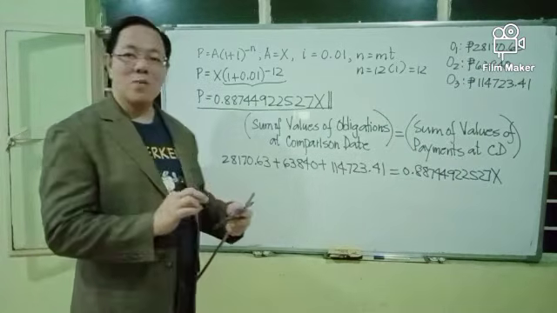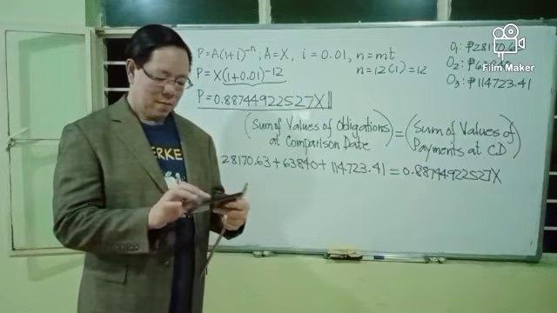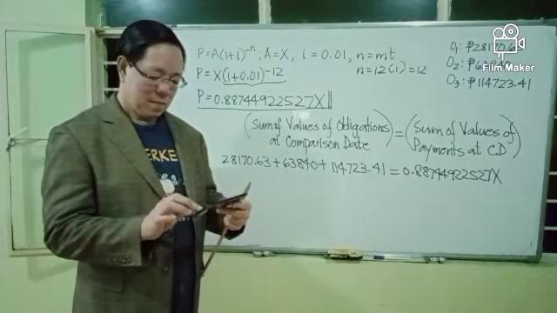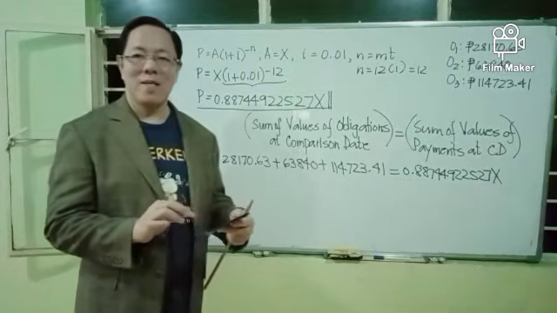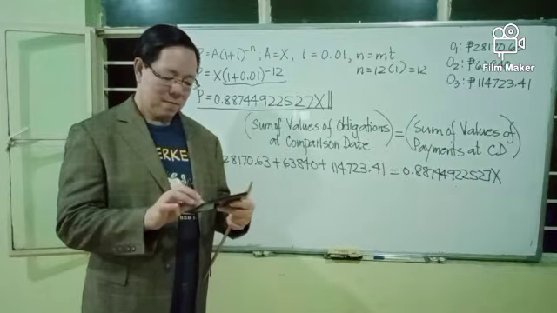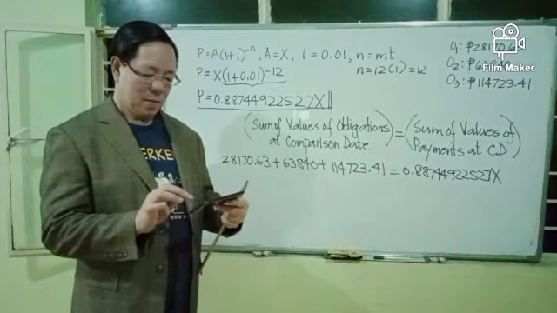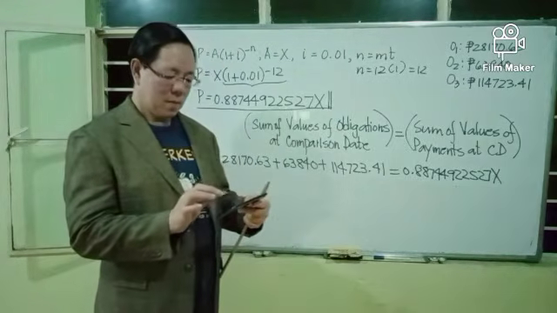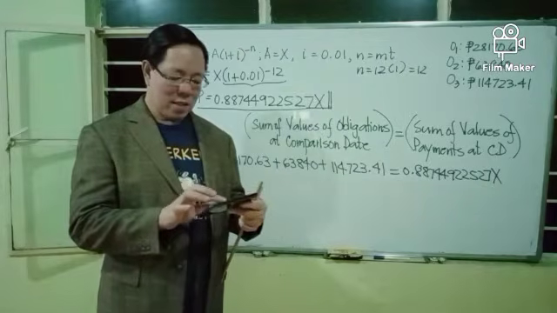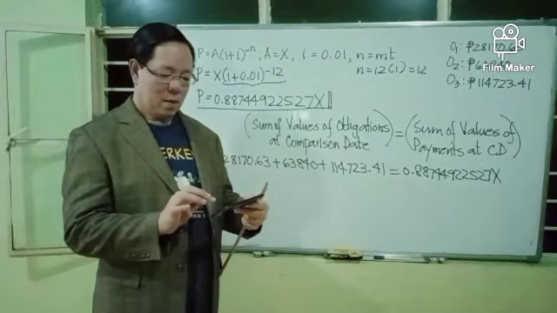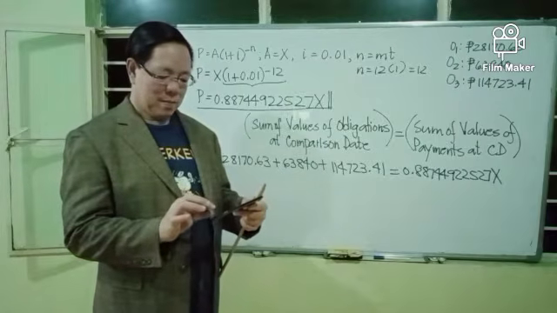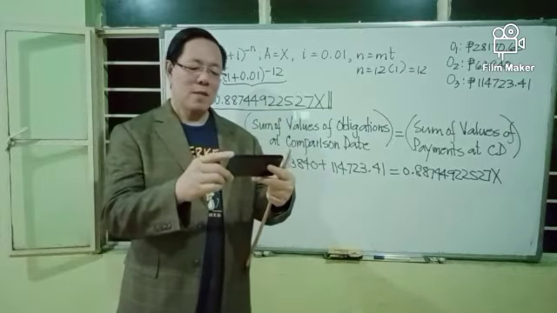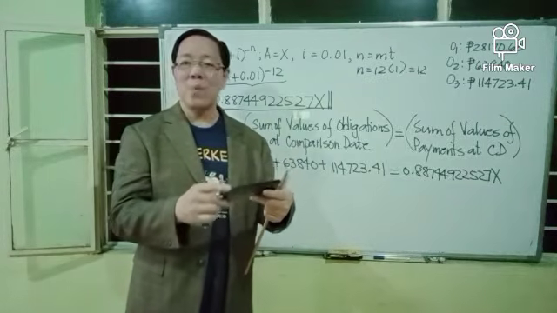We have 28,170.63 plus 63,840 plus 114,723.41. And you should get 206,734.04.